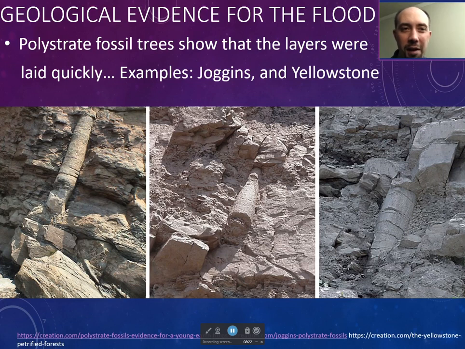It would have taken 100,000 years to bury these trees from Joggins in Nova Scotia at normal rates, and you expect to see some changes in the trunk size over time, if it even survived that long. Instead, the surrounding layers of mud must have been deposited quickly and then turned into rock later, and the tree got fossilized as there was sufficient mineralized water around it. These are called polystrate fossils.